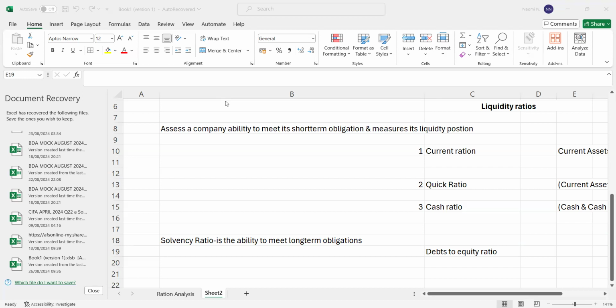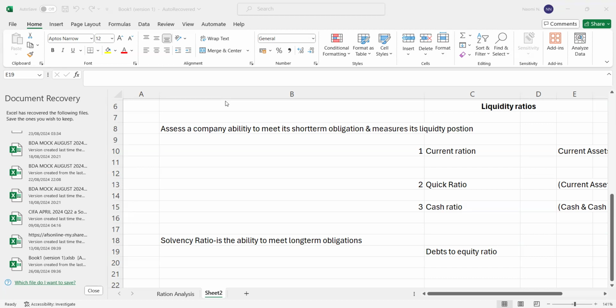This ratio measures the debts in a company structure and evaluates its ability to generate sufficient earnings to cover interest payments and debts. It measures whether the company is in a position to repay its debts and also repay the interest.